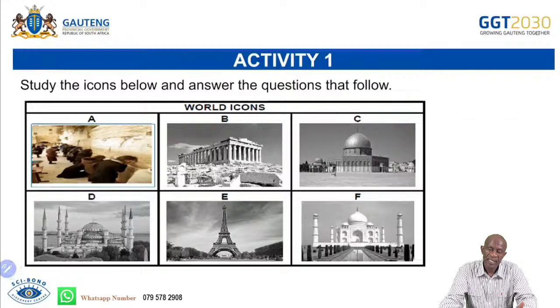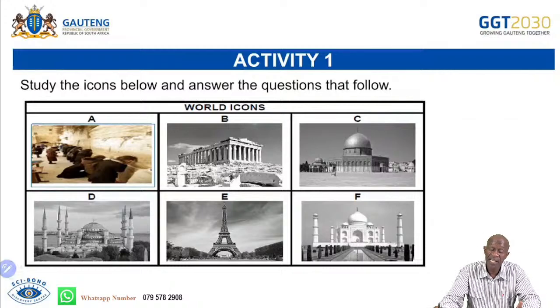And let's now look into the activities to test our knowledge. So the first activity for the day, it says study the icons below and answer the questions that follow.